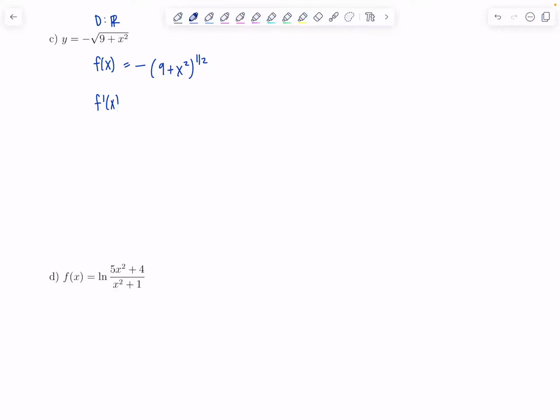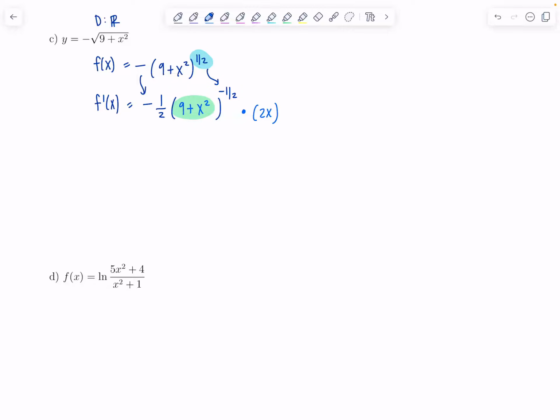So f prime of x equals, that negative just comes along for the ride. Move the 1/2 down front, leave these parentheses alone. Don't forget to subtract 1. The new exponent's going to be negative 1/2. Inside goes exactly what we had before. Don't touch a thing. And then by the chain rule, now I multiply by the derivative of the inside, which is 2x. We got it?